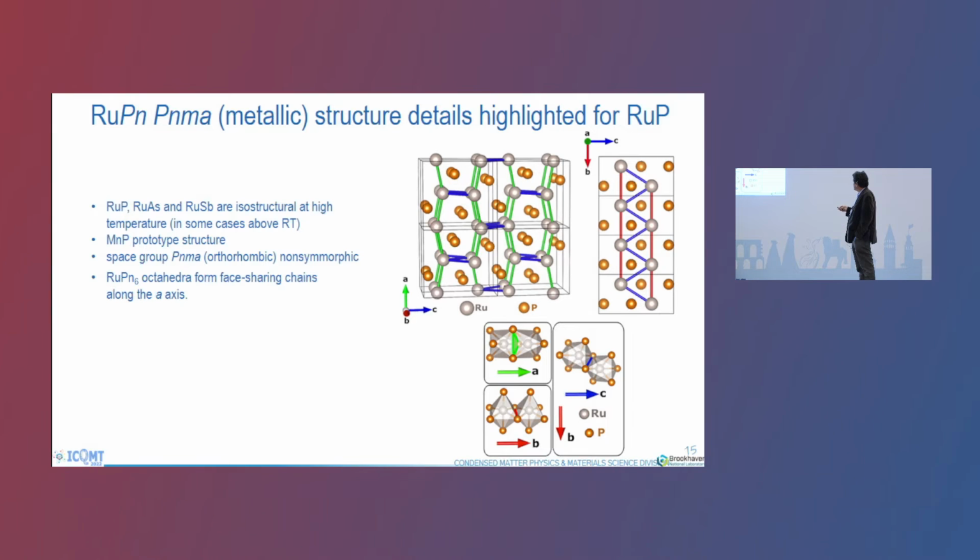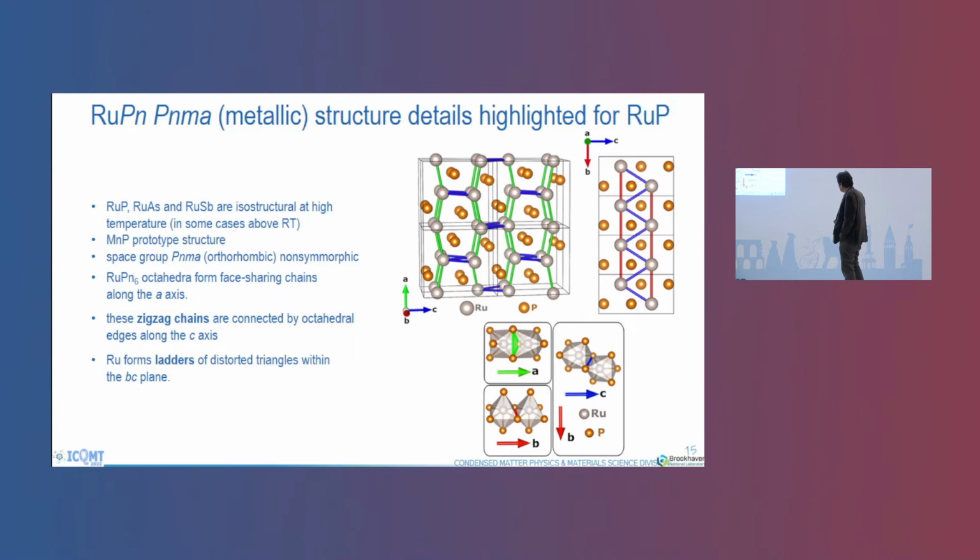This is the structure. The structure is essentially of manganese phosphide type. It contains, as far as the ruthenium sublattice is concerned, zigzag chains running along the a-axis, corresponding to the edge sharing of the octahedra. And then those zigzag chains are connected in the bc plane by a ladder of distorted triangles.